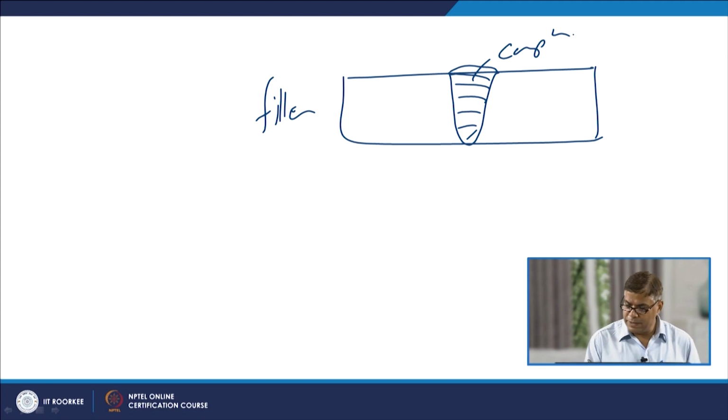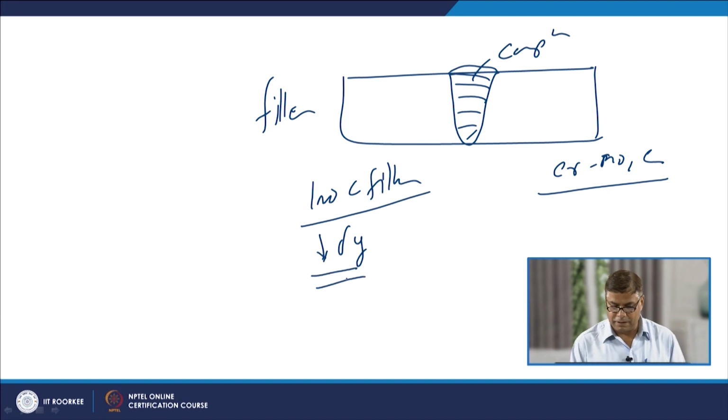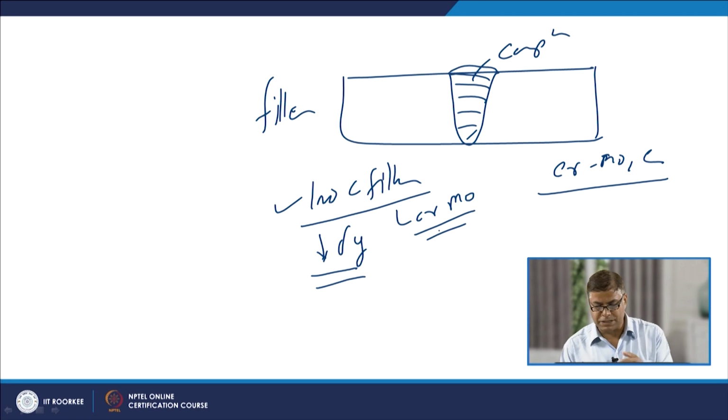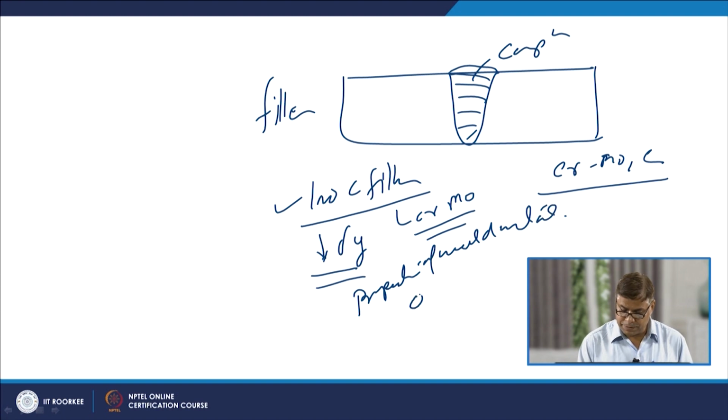So, we know that since the chromium, molybdenum and carbon content in the base metal is high, we will prefer to use the low carbon fillers, but low carbon fillers will lead to a reduction in the yield strength of the weldment, and if this is acceptable from the service point of view, then we will prefer to use the low carbon fillers, while the chromium and molybdenum percentage in the fillers or the electrodes may be the same as that of the base metal, but we will try to use the low carbon filler metal if it is acceptable.